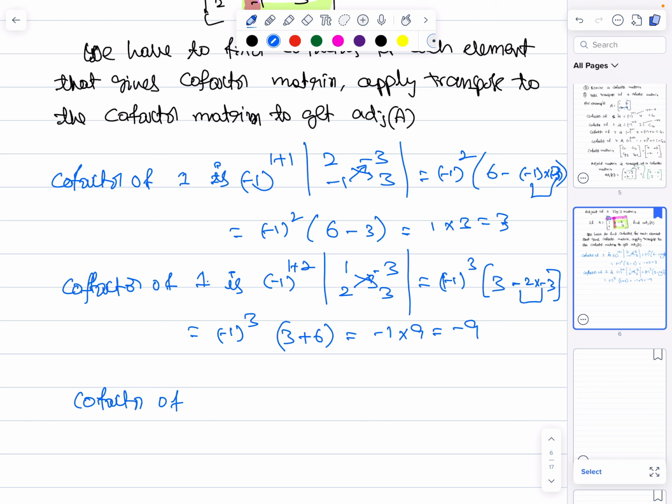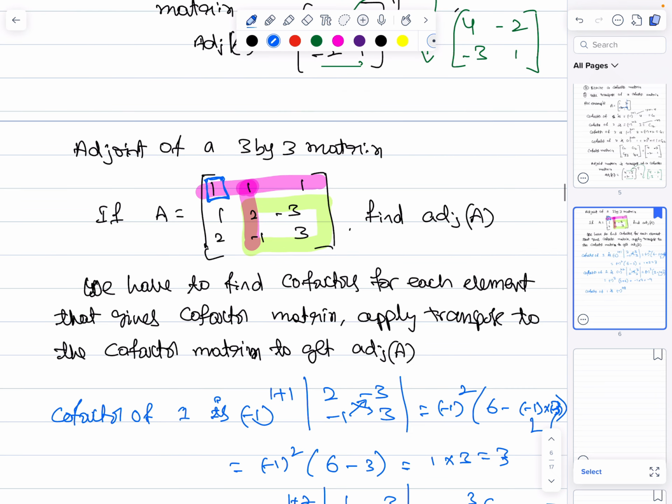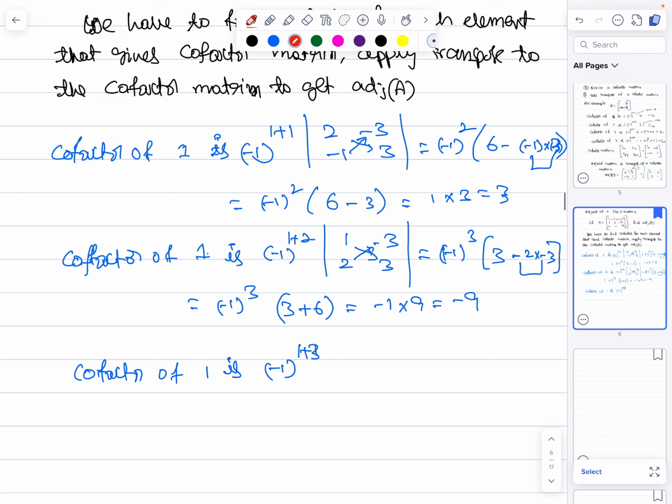Similarly, the cofactor of what is that? One more 1 is there. The cofactor of 1 is minus 1 whole power 1 plus 3, first row, third column. This is in the first row and third column. Therefore, you can say minus 1 whole power 4 into what is that matrix?